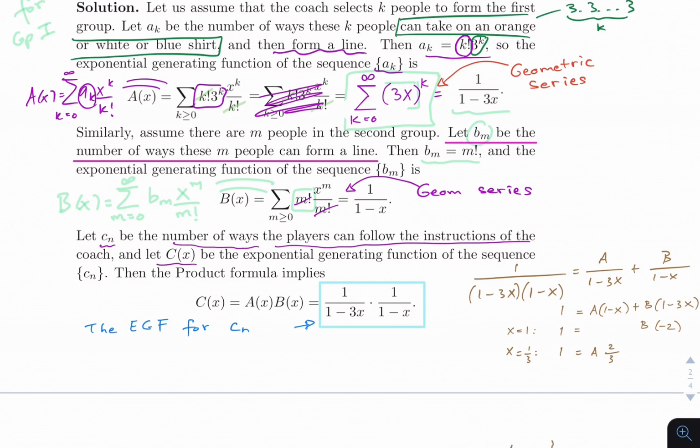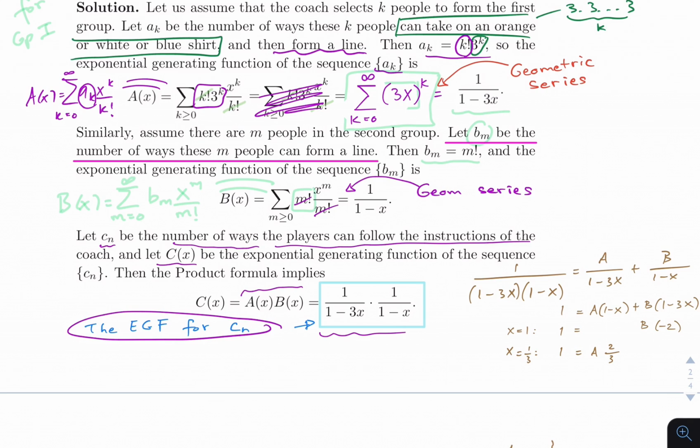So the product formula tells us all we have to do is multiply A and B. And we've already computed A and B, so I get this product. So this is the exponential generating function for c sub n. And now I want to use this exponential generating function to find a closed formula for c sub n.